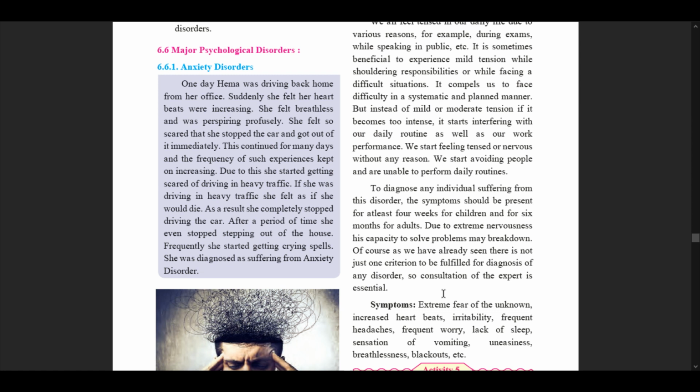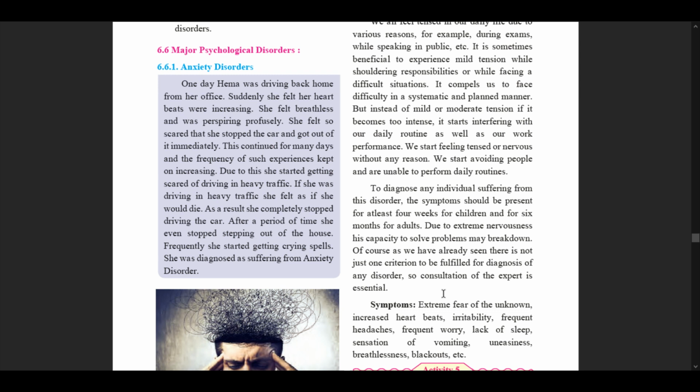So as I said, there is a specific criterion for the time period for anxiety disorders. So it is really easy to diagnose. You can detect it quickly among your colleagues or yourself, for example. So 4 weeks for a child and 6 months for an adult.